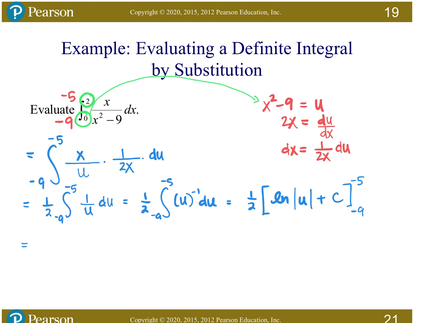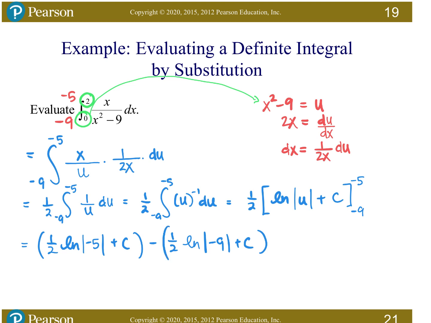So when I plug in, I'm going to end up with 1/2 of the natural log of the absolute value of -5, which gets plugged in first, plus c, minus 1/2 of the natural log of the absolute value of -9, plus c.